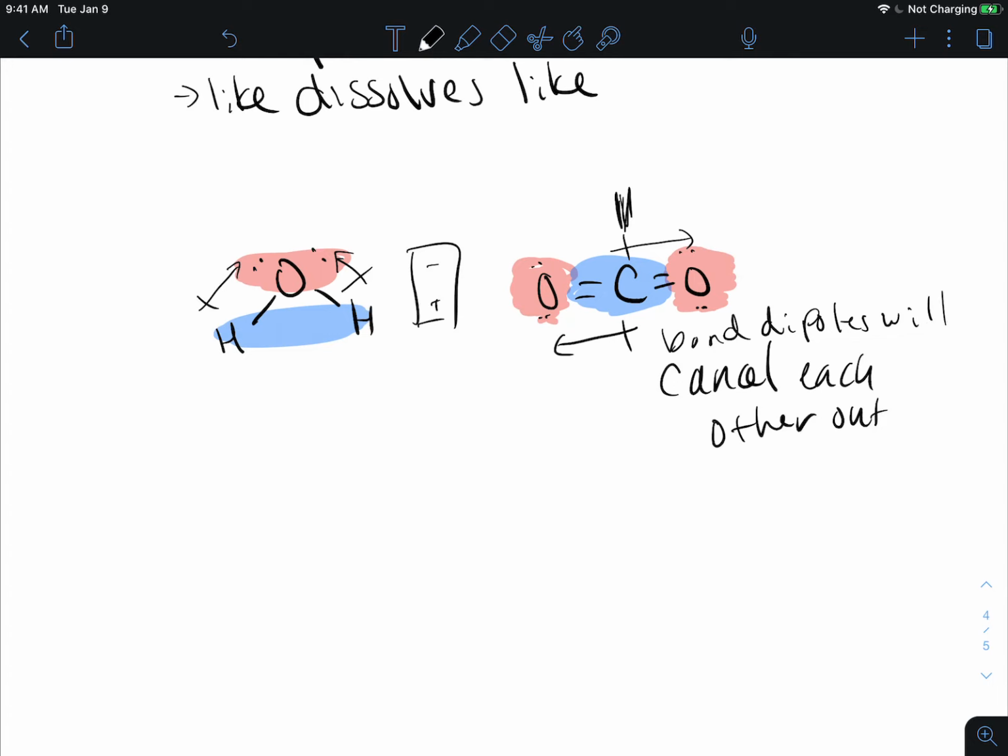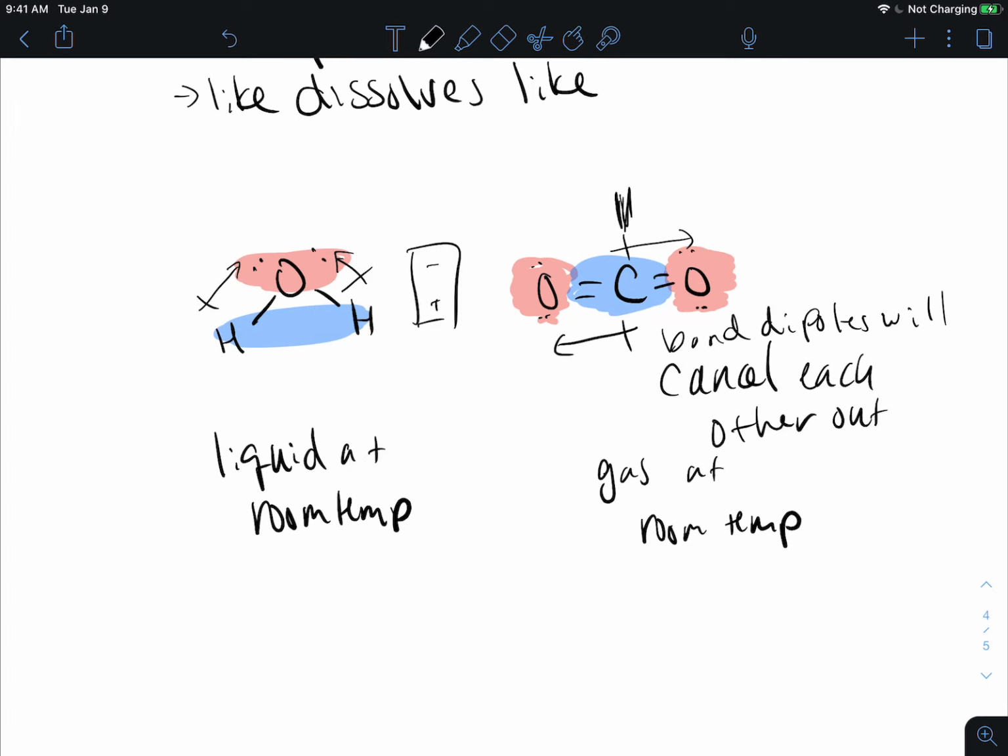Now, if we look at water versus carbon dioxide, hopefully you know that water is a liquid at room temperature and carbon dioxide is a gas at room temperature. This is very much because of those partial charges.